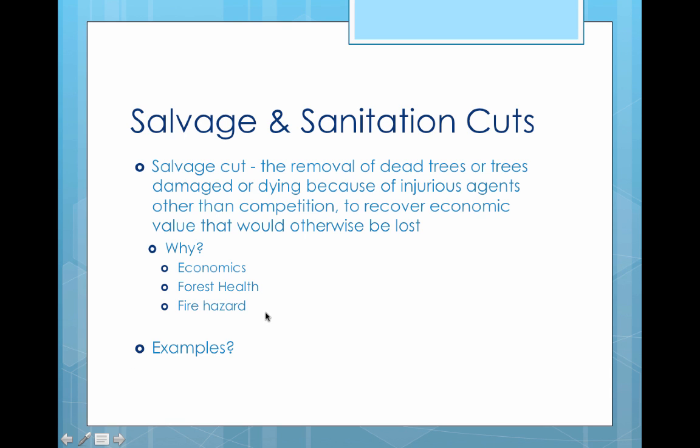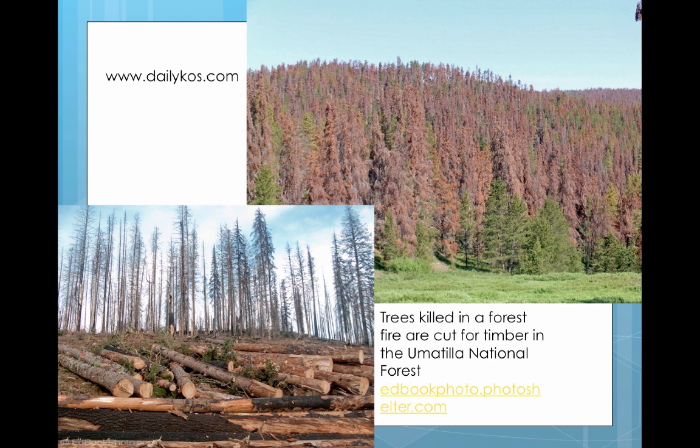Another example is fire hazards. Just looking at some of these, here's mountain pine beetle impact, and interestingly enough, in areas of the West, some of this mountain pine beetle wood is really being sought after because of how the beetle changes the wood.